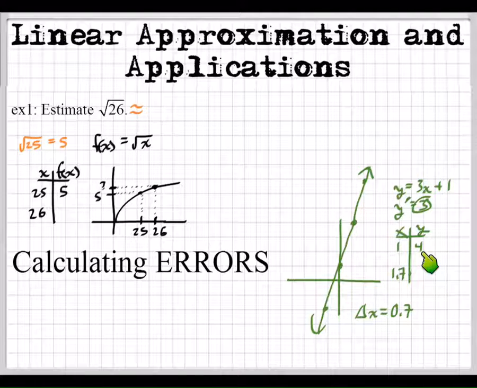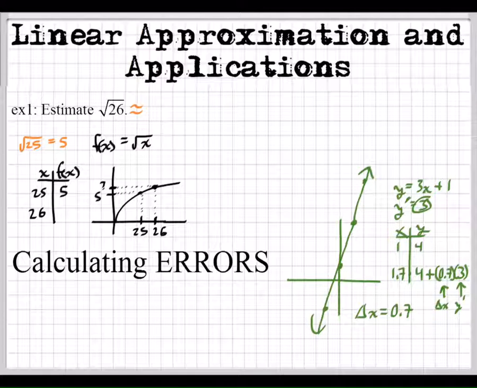Last time we just added the 3, right? But that's because we had a whole unit of change. Now we only have 0.7 of a unit of change. So multiply by 0.7. 4 plus, not 3, but 0.7 times 3, right? I'm just thinking off the top of my head here. This is your delta x, and this would be y prime.